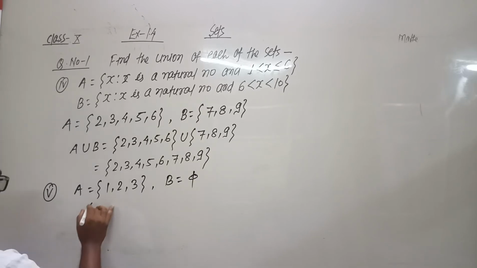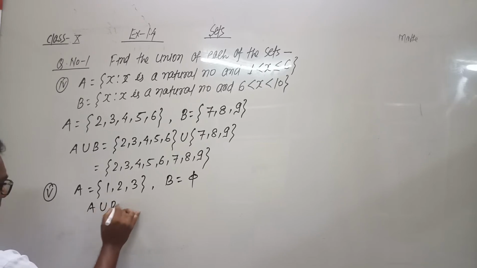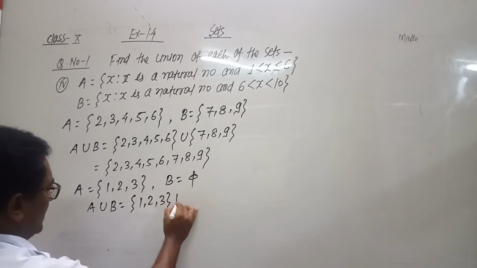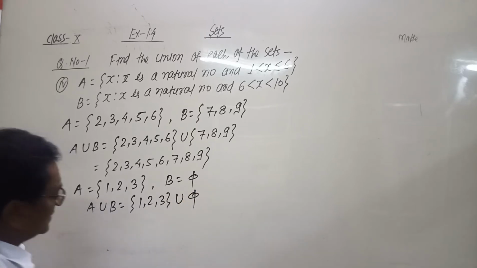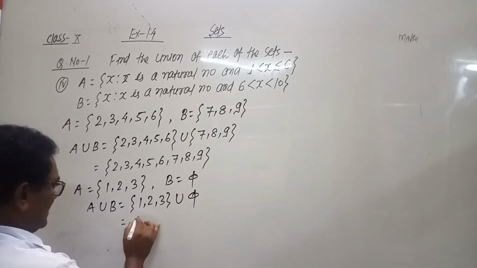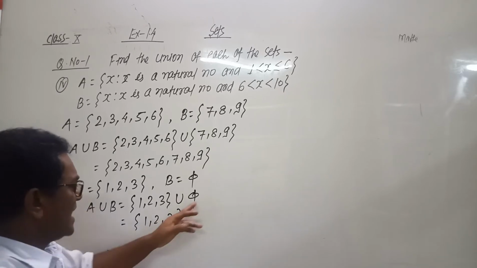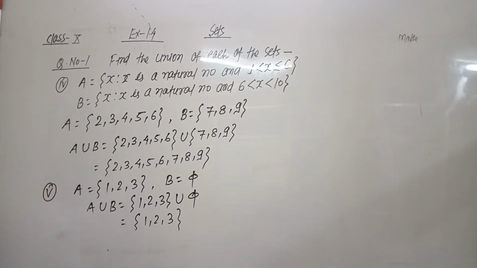Then we have to find A union B. So the elements of set A, 1, 2, 3, union 5, and this will be 1, 2, 3 only. 5 would not be taken in a set. So the result will be 1, 2 and 3.